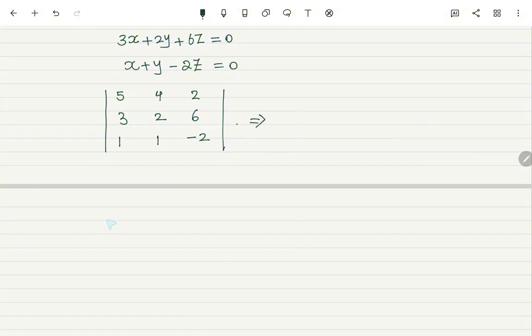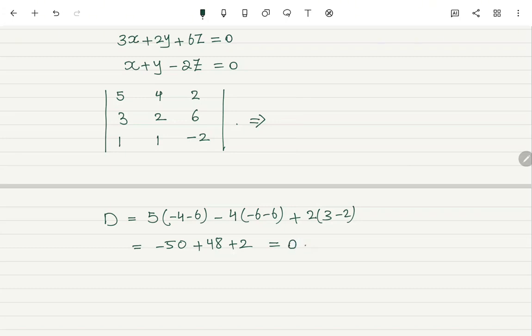D will be equal to 5 minus 4 minus 6 minus 4 minus 6 minus 6 plus 2, 3 minus 2, which equals minus 50 plus 48 plus 2, which equals 0.